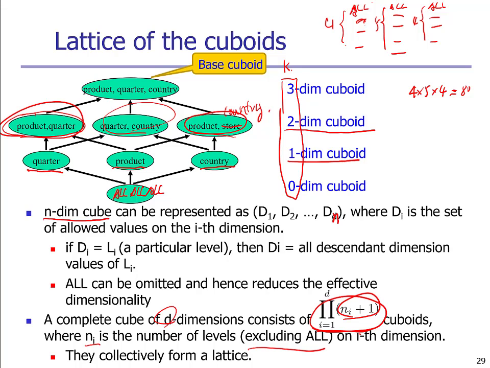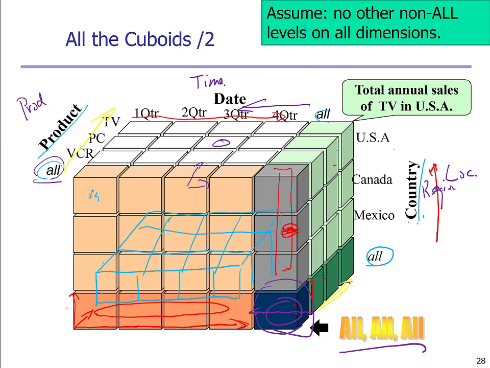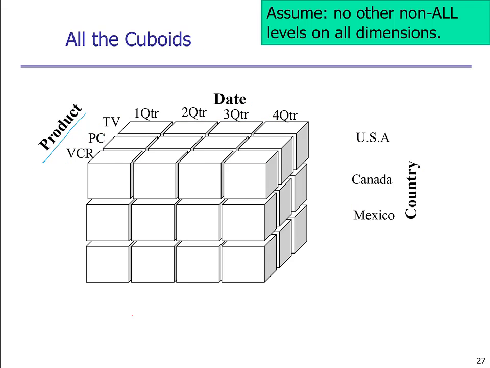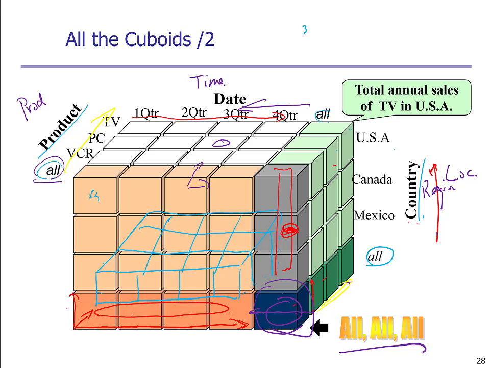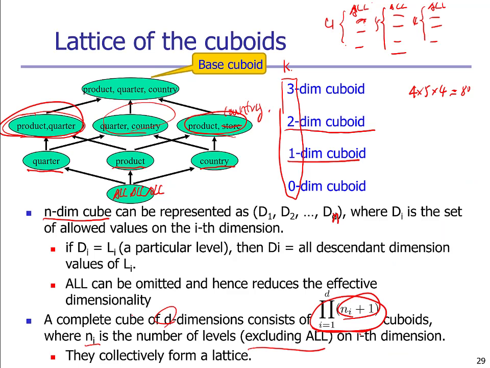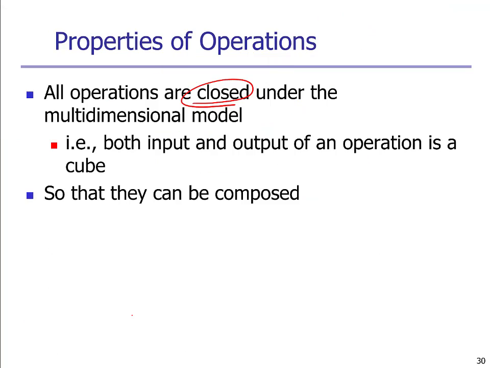So we now consider a complete cube consists of this many cuboids. Actually, in all these examples during the lectures in these weeks, we actually talk about cuboids rather than a complete data cube. In many cases we just call it data cube, but it is not a complete data cube. It's more like an instance, or data cuboid.